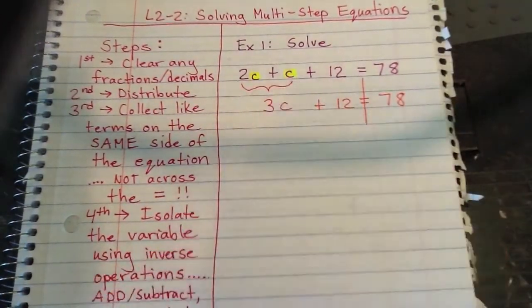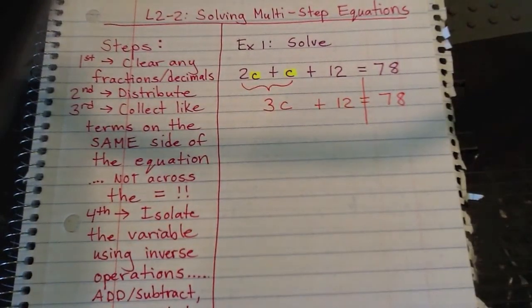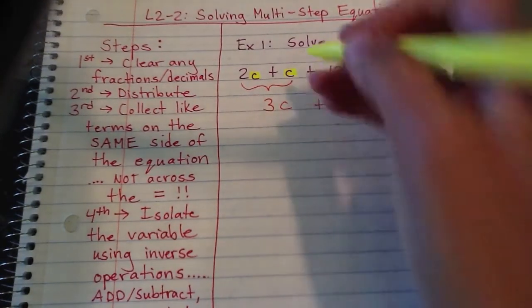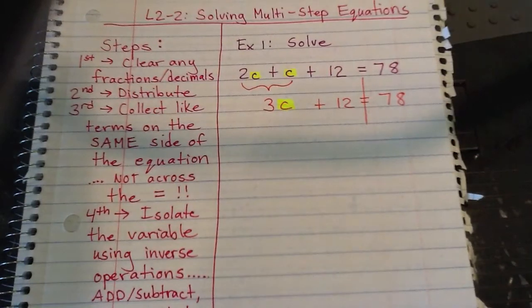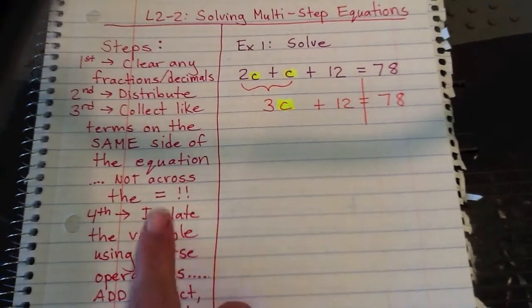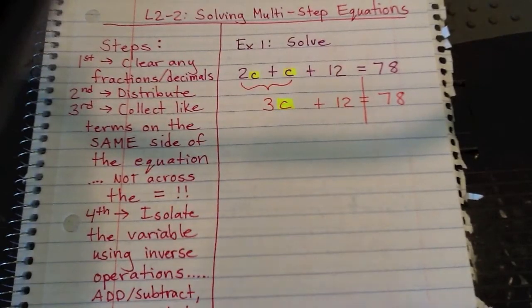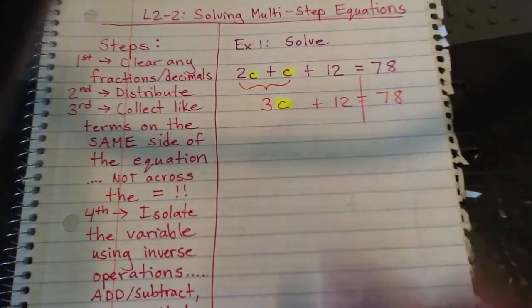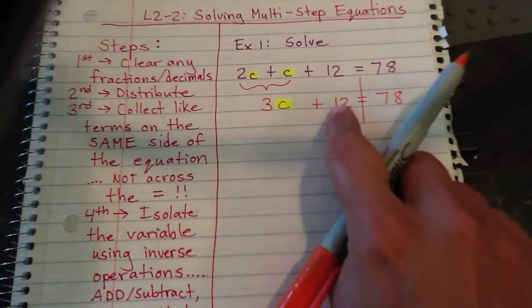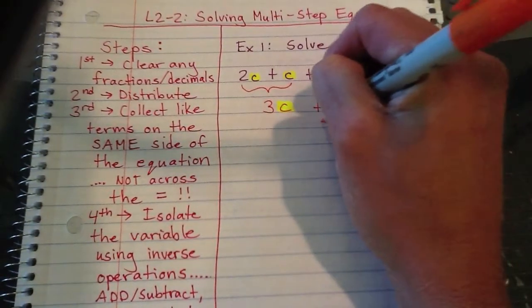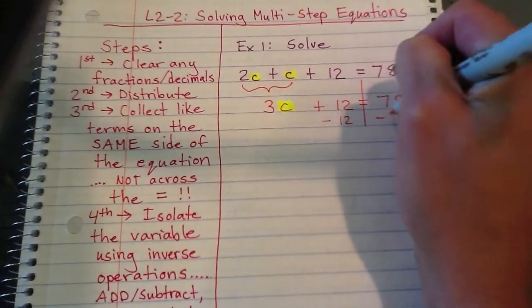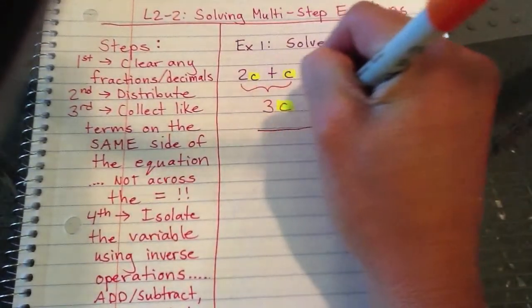So I'm not using the inverse operation because I'm not moving it across that equal sign. Now I have just one variable, which was my goal. Now I'm going to start to isolate the variable. And I'm going to always add or subtract before I multiply or divide. So inverse operation would be to add a negative 12 or to subtract 12, whichever way you want to write it. As long as you're getting your signs correct, I don't mind.